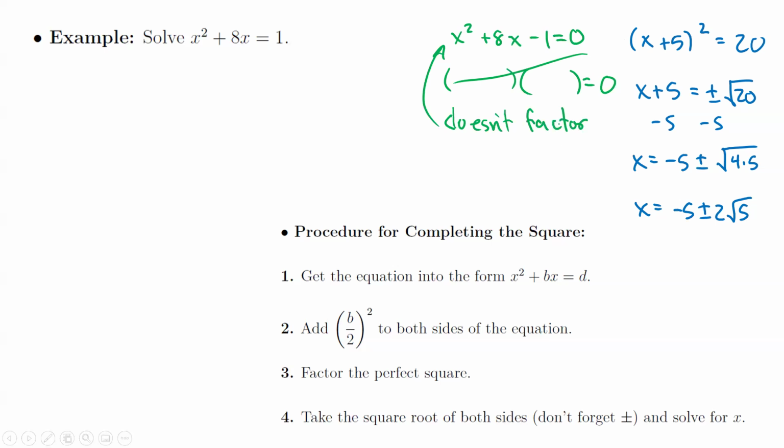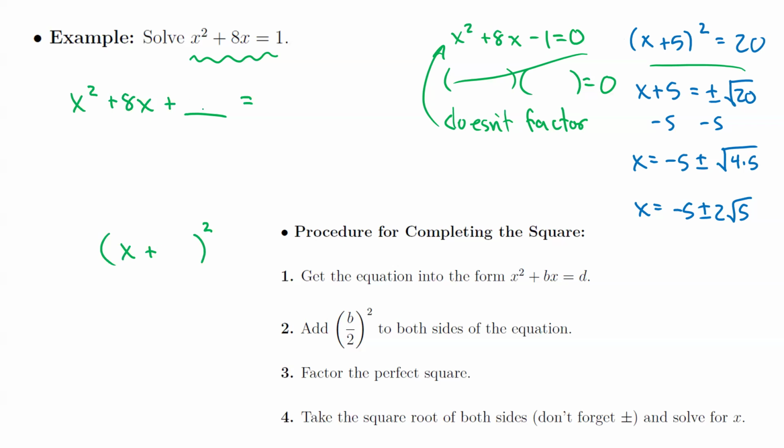Well, the answer to that question is if we can make this look like this one over here, then maybe there's still a way that we can use the square root property, right? So here's the idea. If I take x squared plus 8x, then is there something that I could add to this left side so that in the end, and I'll put this further down, it breaks into (x + something) squared on the left side?